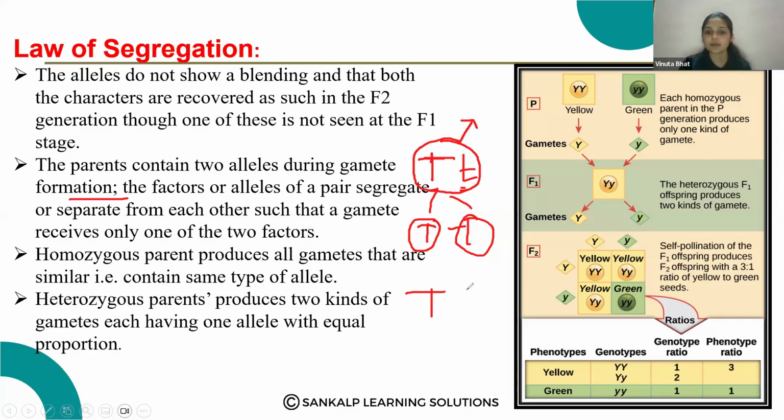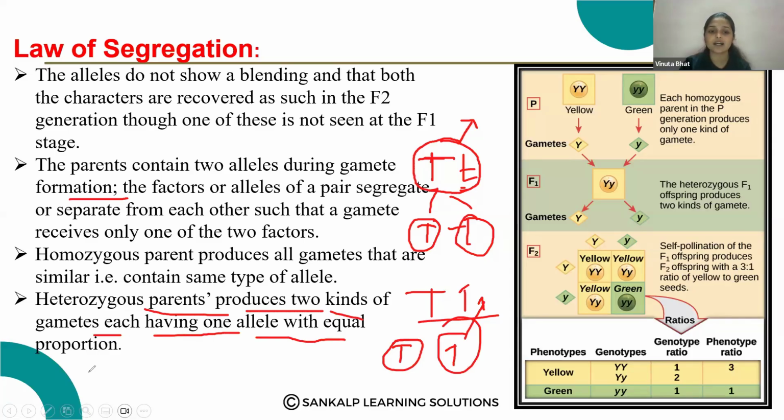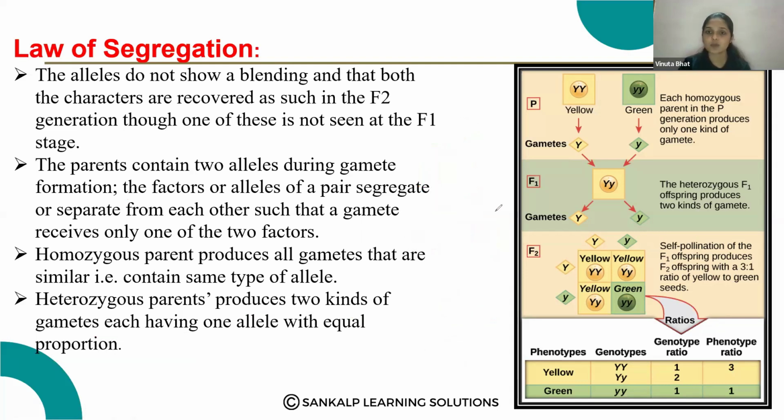Homozygous means capital T, capital T. In this condition, the gametes receive capital T only, all the gametes receive only one type of allele. Heterozygous parents produce two kinds of gametes, each having one allele, in equal proportion. So a heterozygous parent produces two types of gametes, either containing T or small t, right?